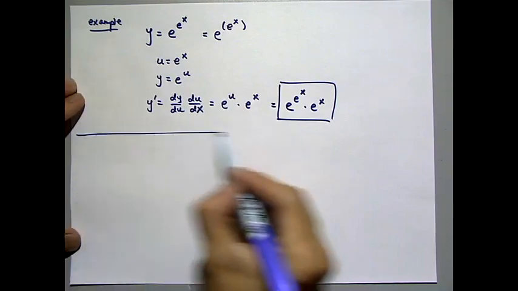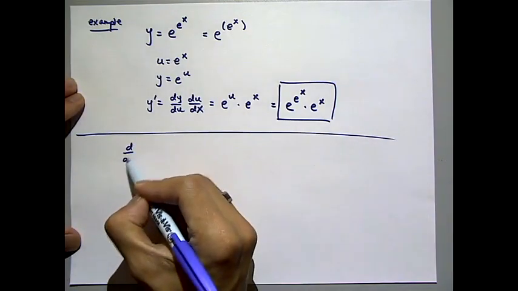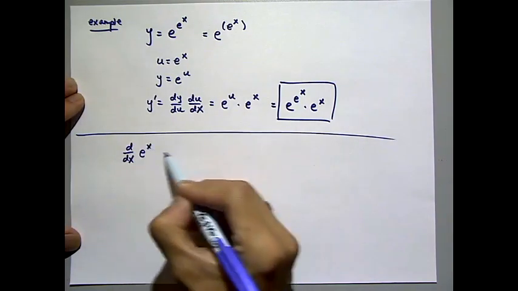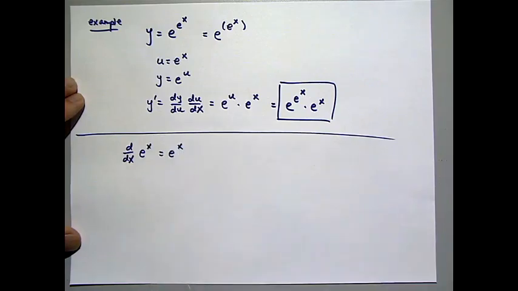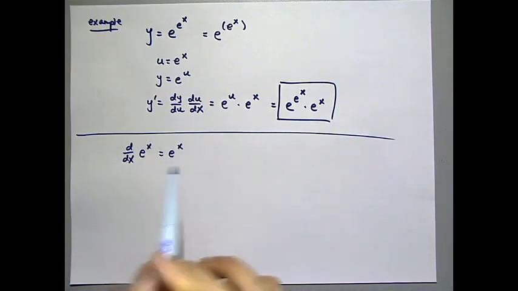All right, so we know the derivative of e to the x is e to the x. But remember, this is only true because e is such a special number, a number defined essentially so that this happens.